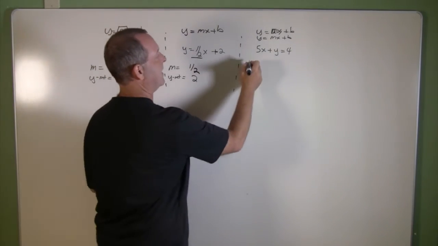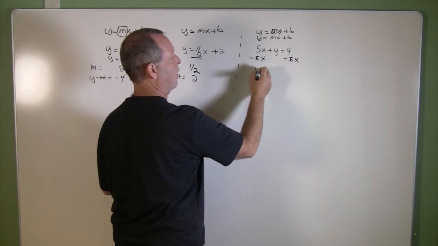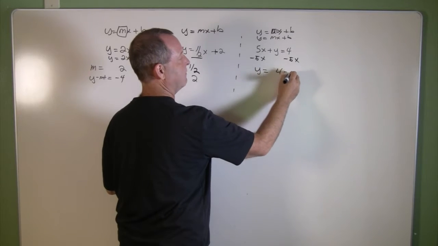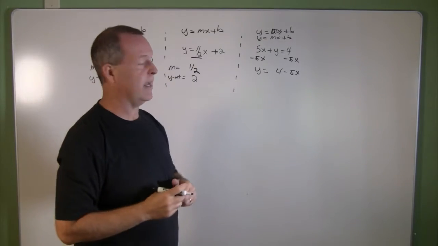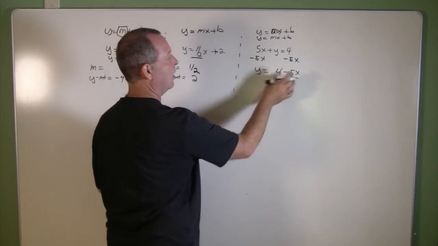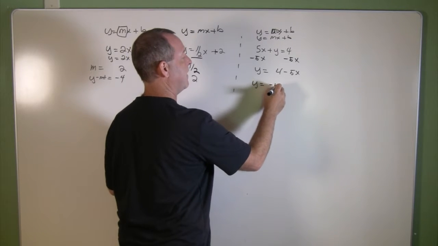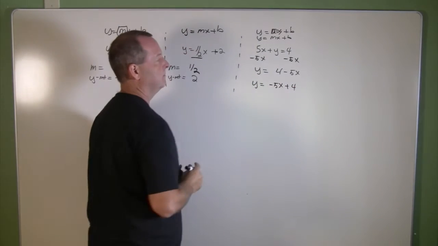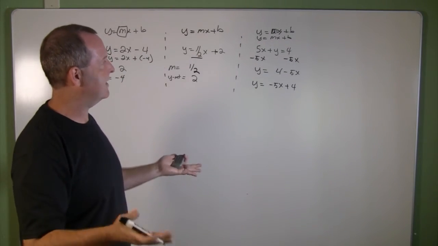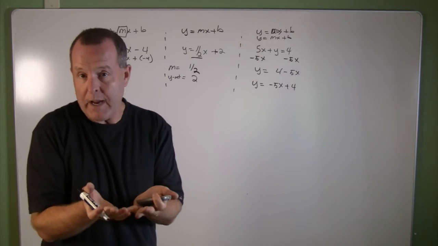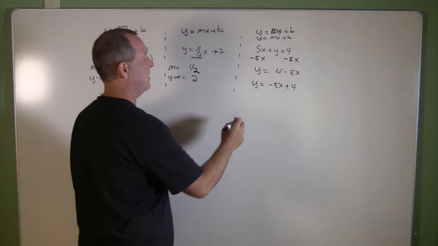So let's subtract 5x from both sides. I'm left with y equals 4 minus 5x. Not quite in the form I'm looking for, but if I remember that these are terms, and addition is commutative, I can write y equals minus 5x plus 4. Now I have an equation in the form y equals mx plus b that I recognize, and I can determine its slope.